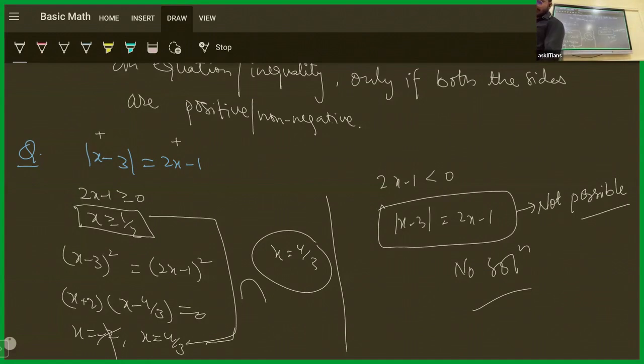Solve |x| > 1. What is the answer? Closed interval -1 to 1. Correct. So how did you do it?